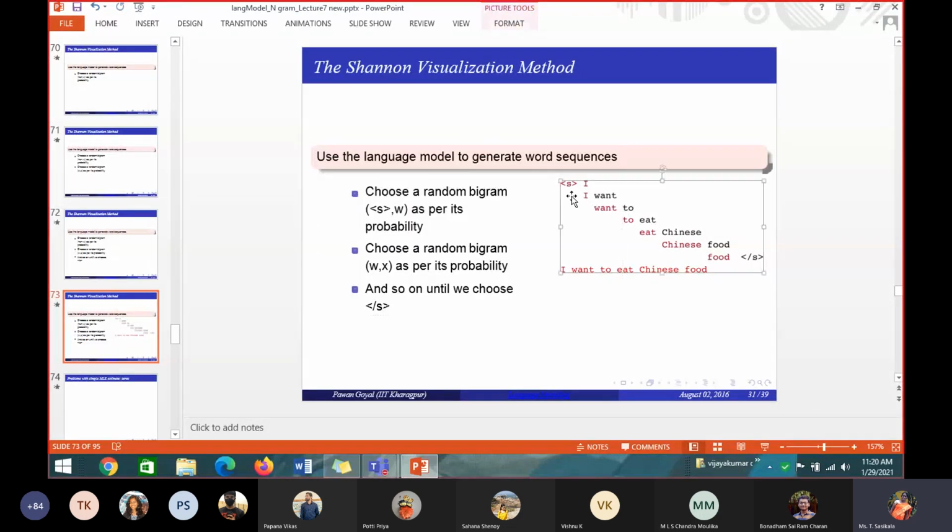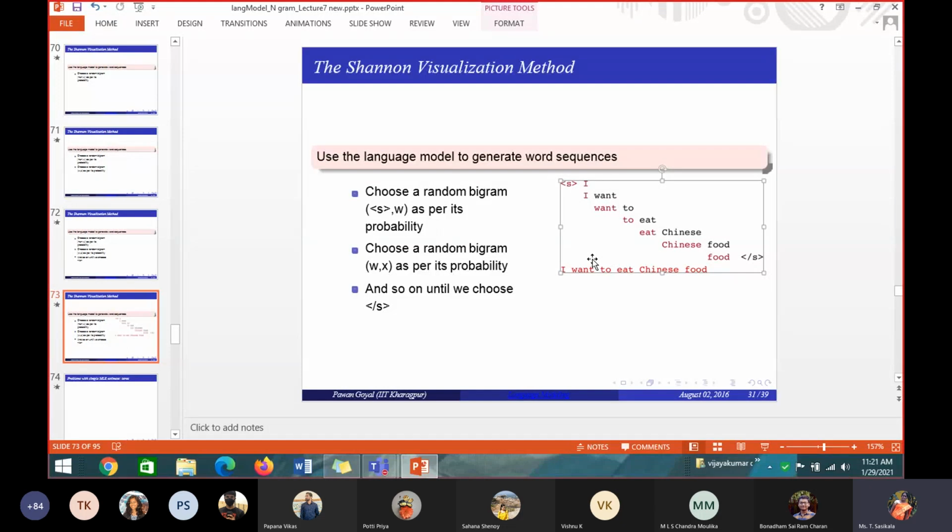So initially I have to start with the start of the sentence followed by some word using a bigram model. Which word comes after the start of the sentence? I have to find the probability for each possible word present, and whichever has the highest probability will be the pair with the start of the sentence. I have a random collection of words: Chinese, food, eat, to, want, I. Using this random collection of words, I want to make a proper sentence.